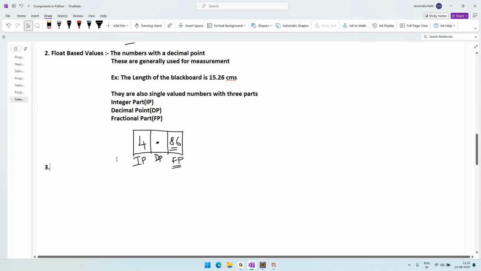And finally, the complex values. Complex values are not used much, but still we have to know them.